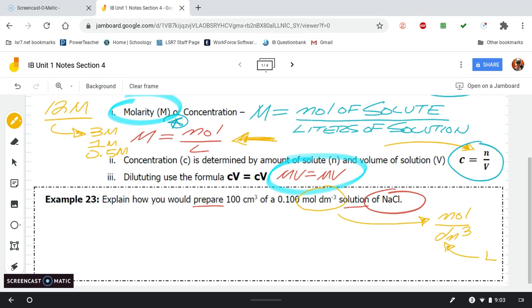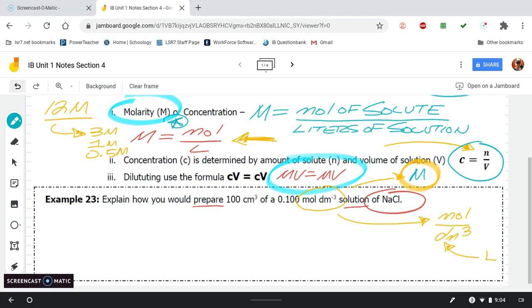And so mole DM^-3 is the same thing as molarity, and you guys really want to know this, because you do not want to get confused and think the mole DM^-3 is something that it isn't. It's just molarity.